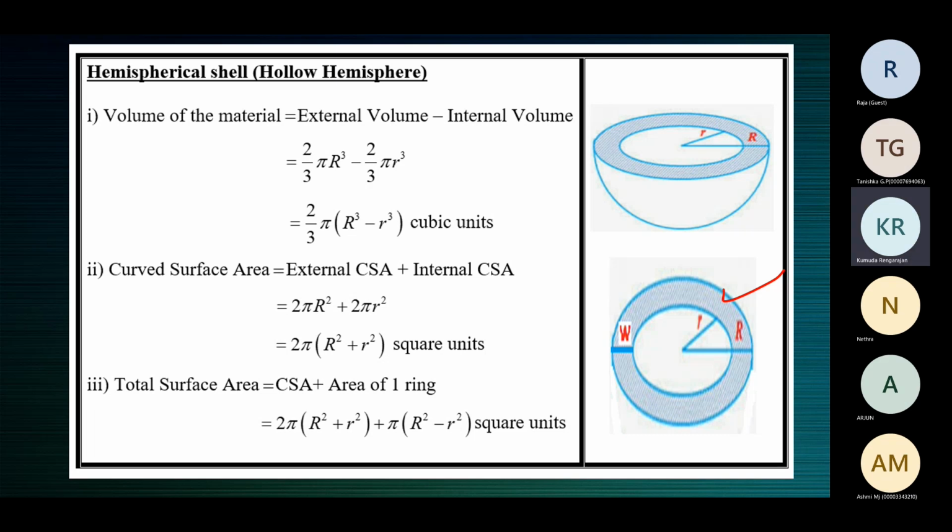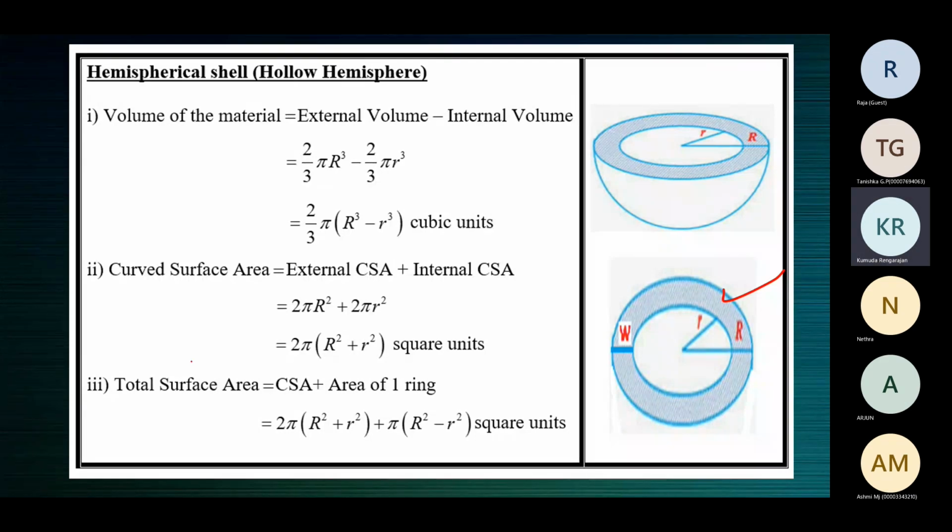So the total surface area will be the curved surface area and the ring together. Because the ring is on the top, that will not come in CSA. In CSA, only the inner CSA and outer CSA will be included. Plus the ring on the top will make the total surface area.